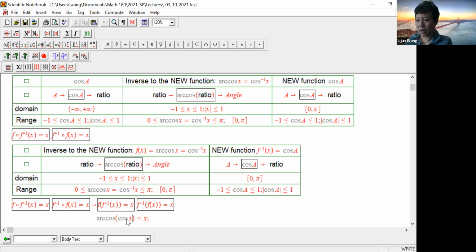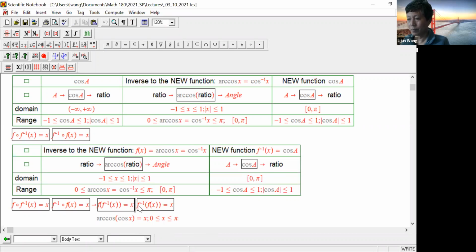But this cosine has to be this cosine. So for this x, it has to be between what? It has to be between 0 to pi. Therefore, it's between 0 to pi. That's the second row on trig 7a. Do you guys see that?